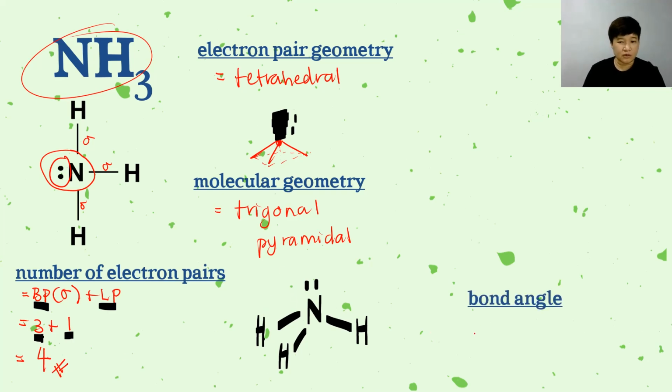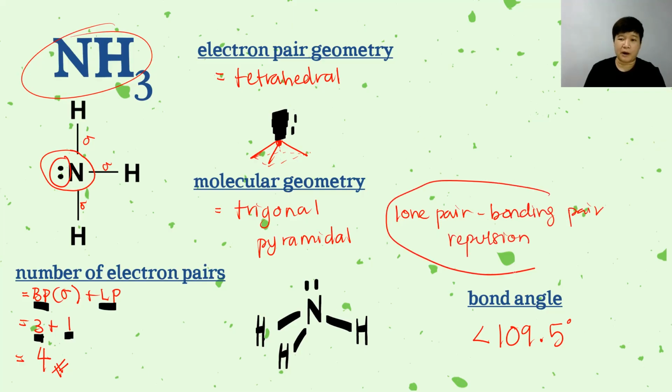And your bond angle will change from 109.5 to less than 109.5 degree. That is because in here, you will have the presence of lone pair, bonding pair repulsion. And this repulsion will cause the bonds to get closer, and therefore, the bond angle becomes smaller.